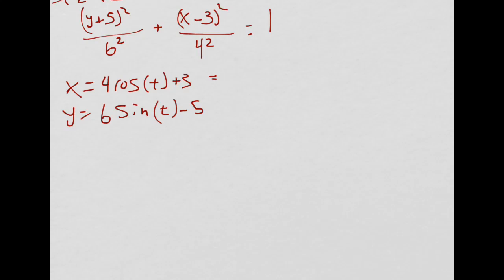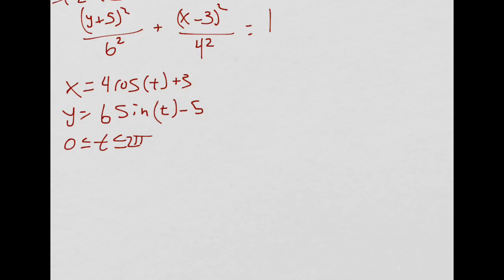X I'm going to put with cosine. The 4 is coming from the 4 right there with my x. Again, that's my b value. But just know that it's with the x and it's going to stay with the x. And then the 3 is the x value of the center, the negative 5 is the y value of the center, and the 6 is my a value. And again, in our rectangular equation, it's with the y, and it stays with the y. And again, we have to say that this is from 0 to 2 pi.